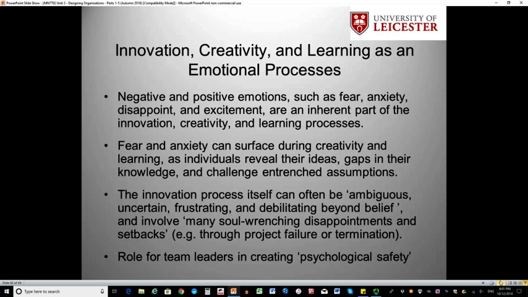And in this way we can see team leaders have a role to play in, I guess, trying to develop psychological safety within their teams. That is, allowing team members to feel safe. So it's safe for them to not know the solution or not to know a particular piece of knowledge.